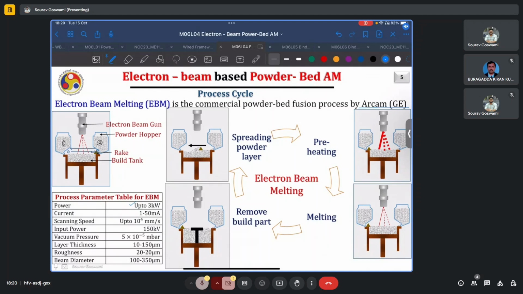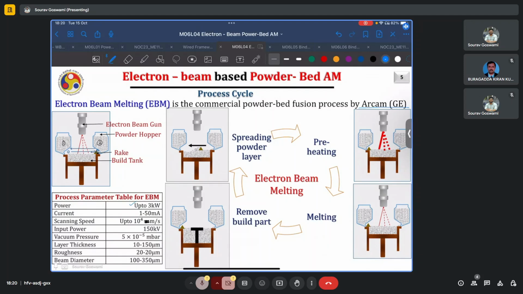The currents in this case can range from 1 to 50 milliamperes.